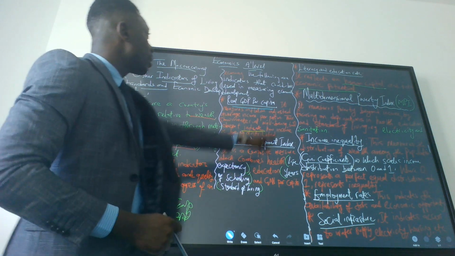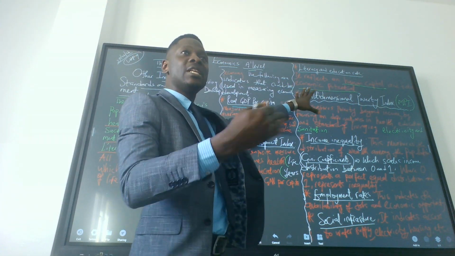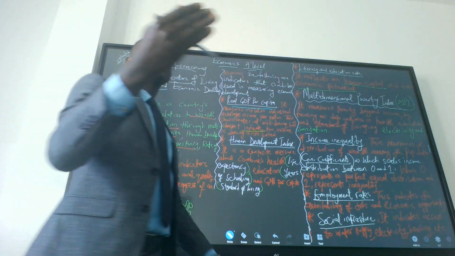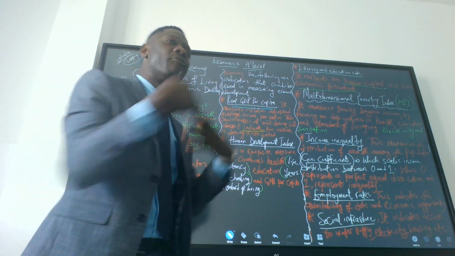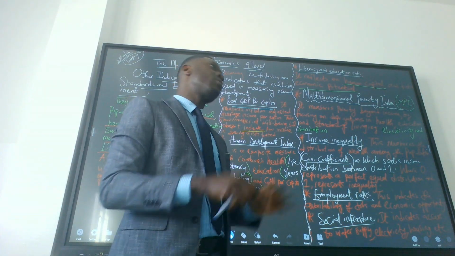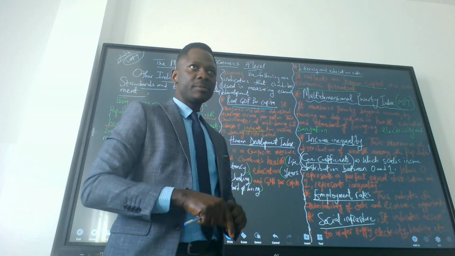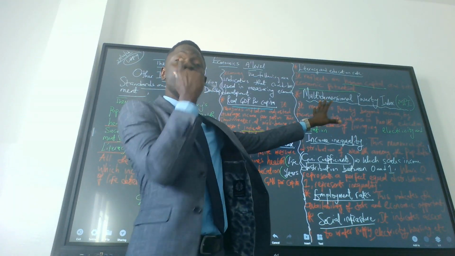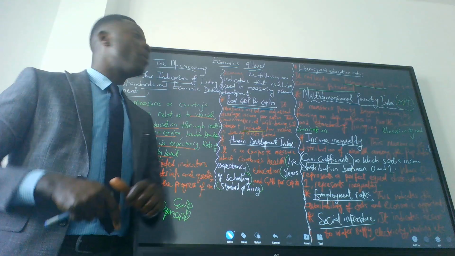So it reflects on human capital and economic potential. The rate of literacy, how much people are well educated within an economy, will determine the value they can add to the supply of labor, the value they can add to the labor market. So that can also be used to measure the development or the progress of an economy through its population.